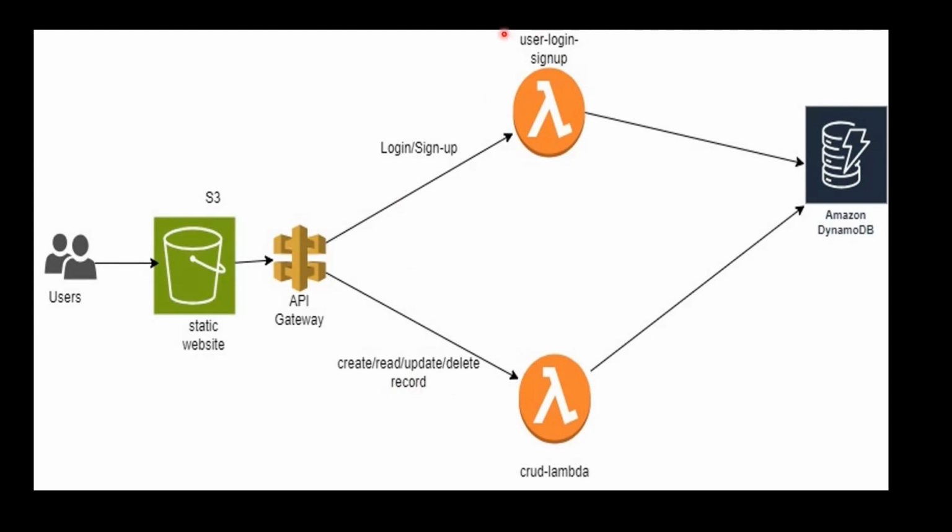The backend service for our project would be lambda based, so we will create two lambda functions, one for user login and sign up and another lambda function for other CRUD operations like create, read, update, delete. And then our database would be Amazon DynamoDB.